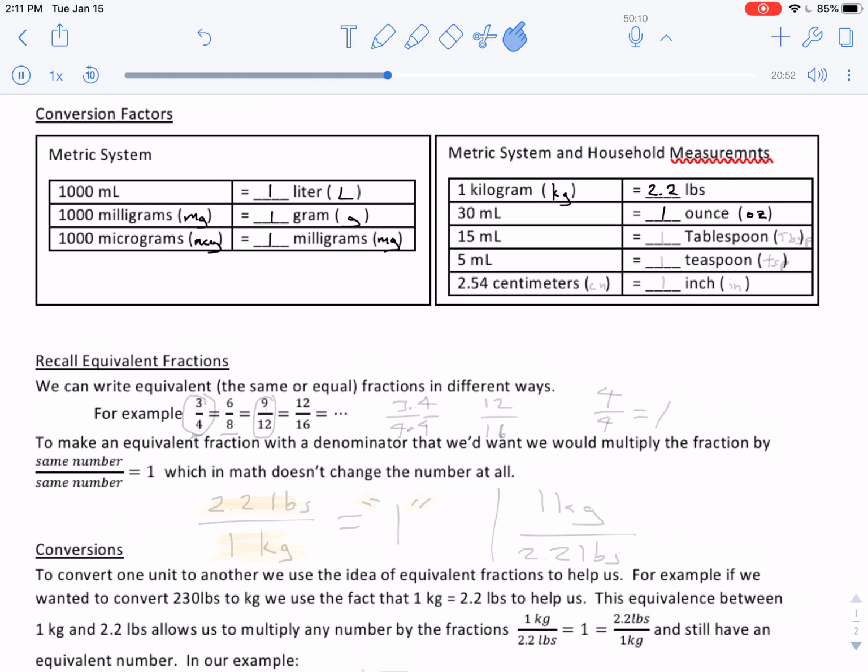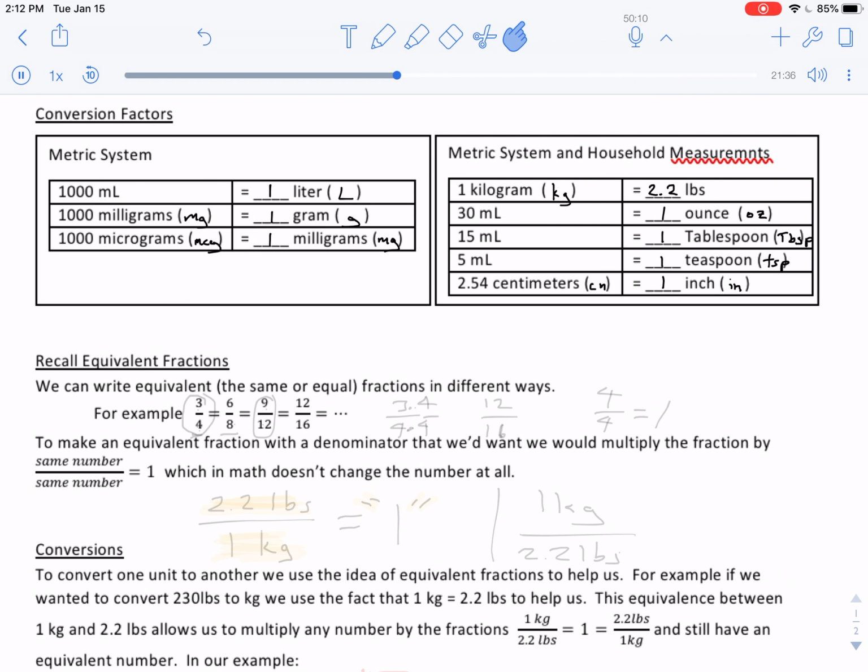That's a Z, not a 2. 15 milliliters is equal to 1 tablespoon, abbreviated capital T, B, S, P. 5 milliliters is equal to 1 teaspoon. 2.54 centimeters, cm, is equal to 1 inch. Many of these we will not use, but we will be using pounds to kilograms, ounces to milliliters, and so forth. Those are the big ones.